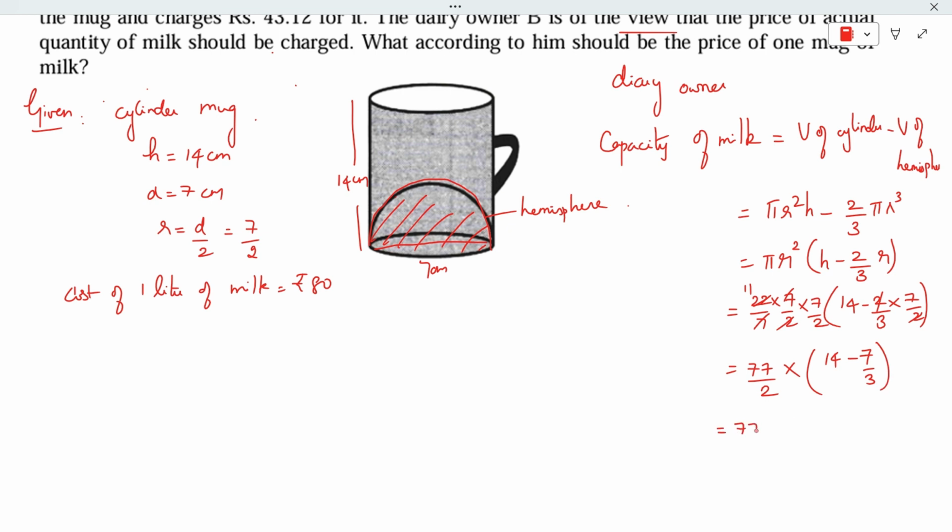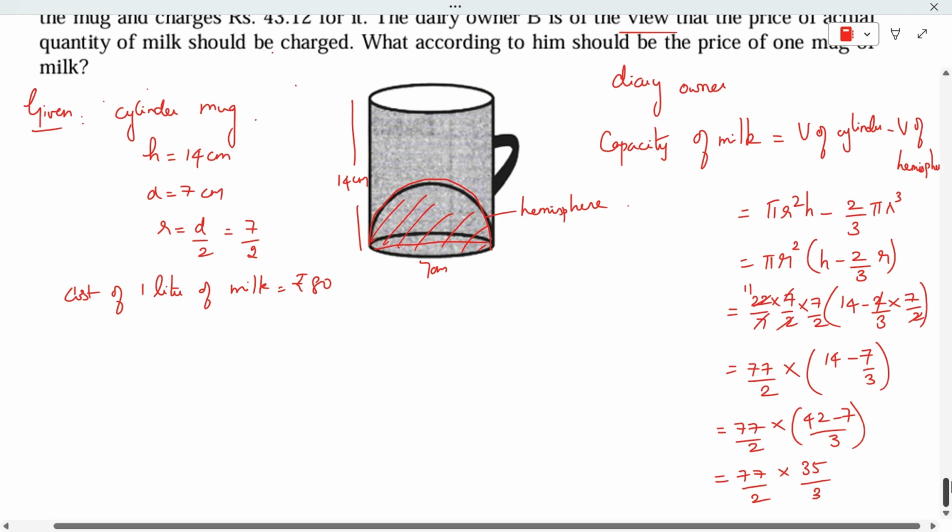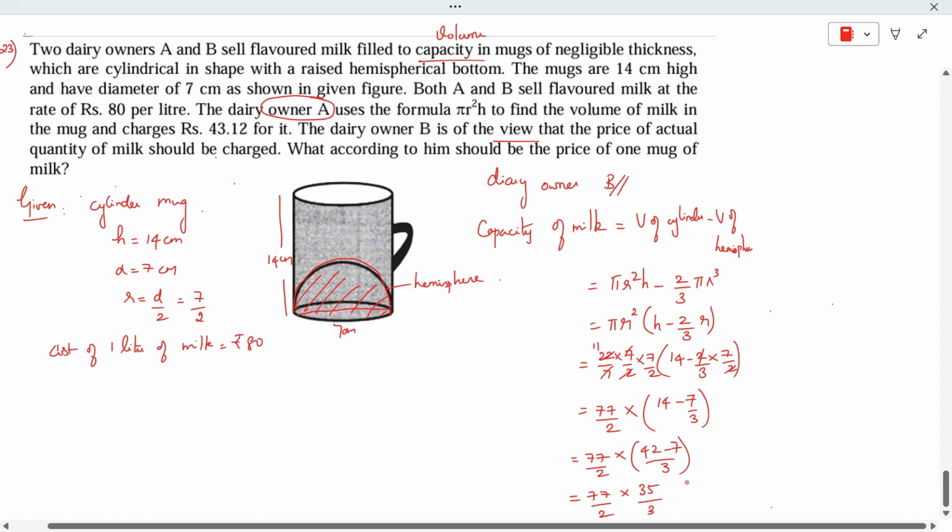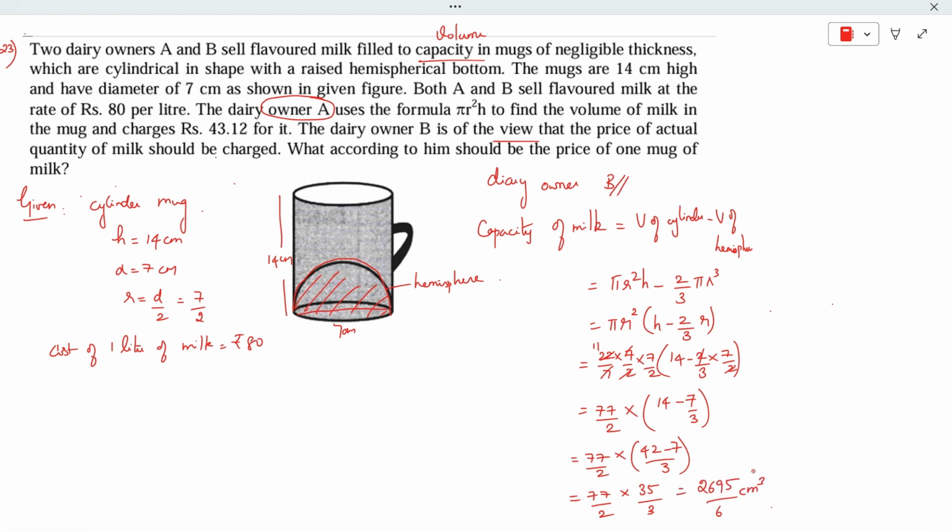So take LCM: 42 minus 7 by 3, that is going to be 35 by 3, isn't it? So when I multiply 77 into 35, this is equal to 2695 by 6 centimeter cube. So the capacity of milk is 2695 by 6 centimeter cube.